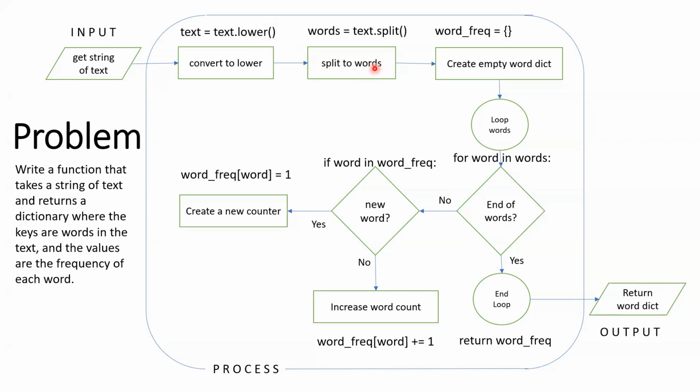Then we split the text into words. For a single line it is easy, but for more than one line it is a complex process, and you may need to write functions or use other built-in functions or modules. To split the words we use the string function split. By default it splits on spaces.